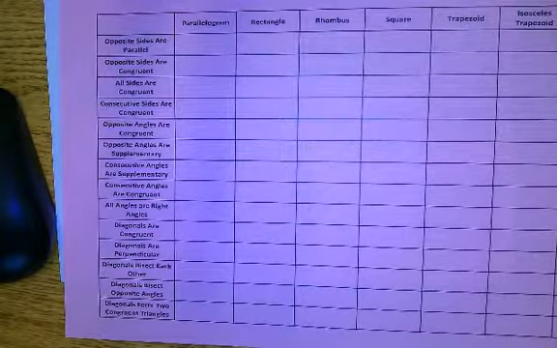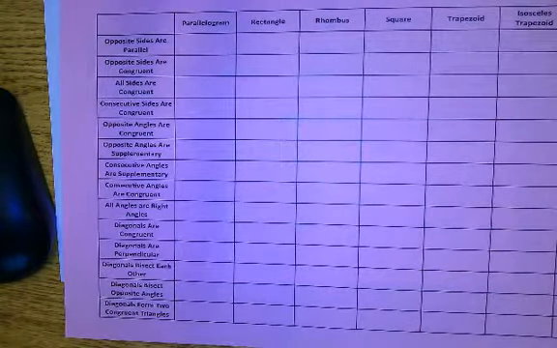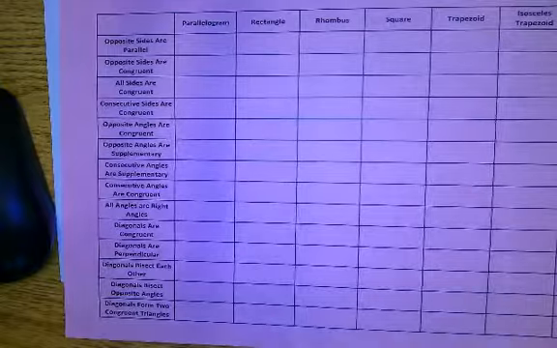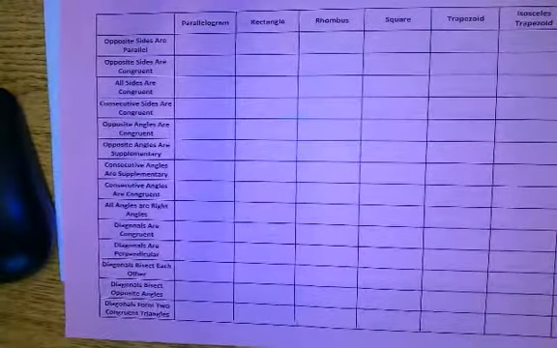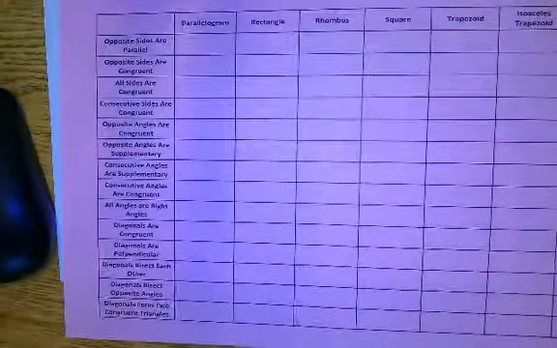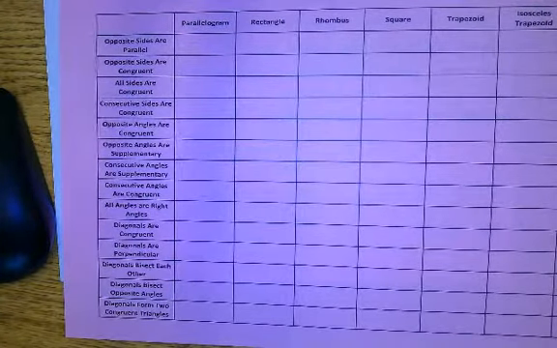It's right here. Consecutive sides are congruent, that's true.